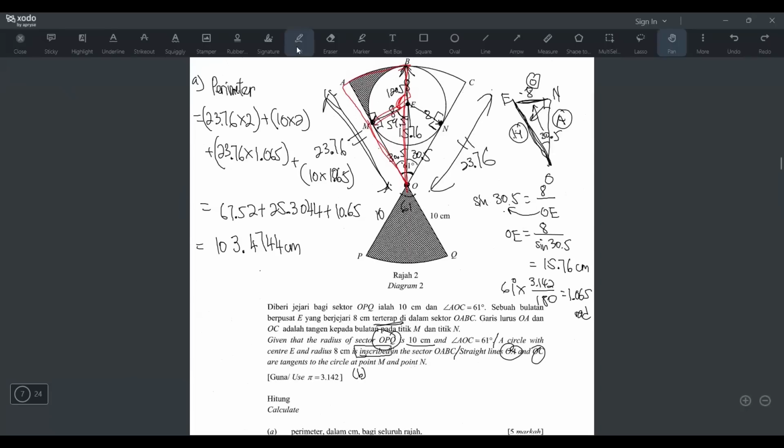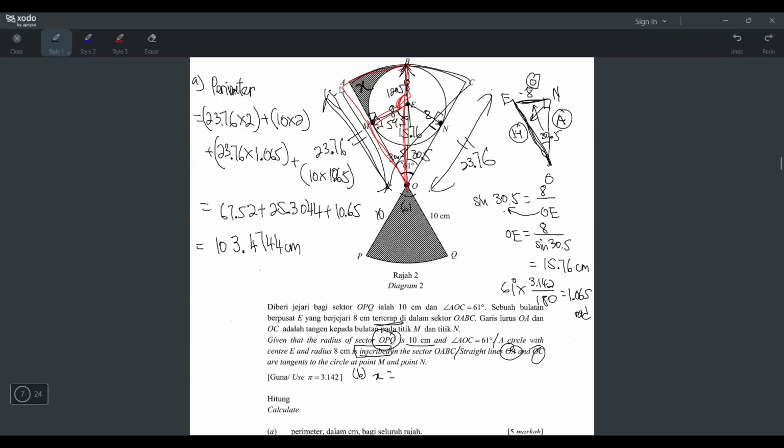Let's write down, okay, let's call this region X. So to find the area X here, you have to find the area of sector, but not the whole sector, just until here only.